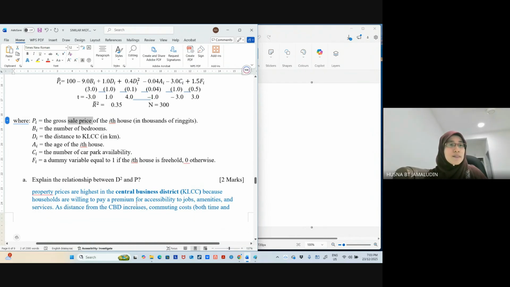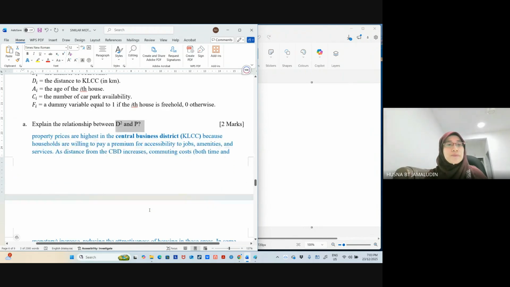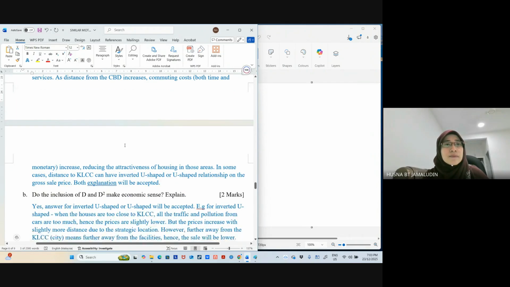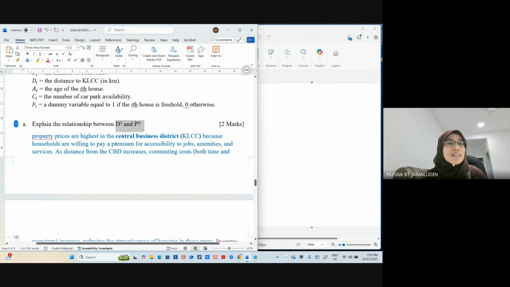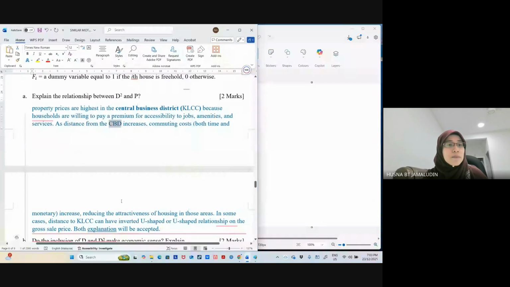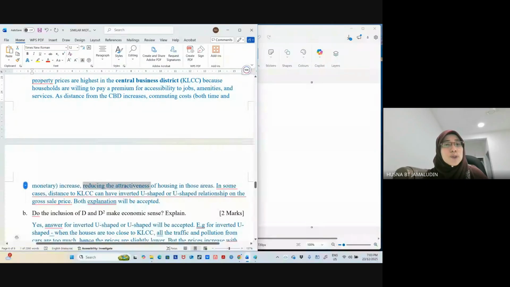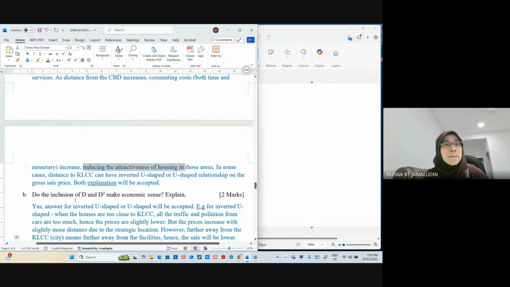You have to justify the rationale of this variable. As distance from CBD, because KLCC, right? CBD is Central Business District. This is like your city. As distance from the city increases, it will reduce the attractiveness of the house, so it will reduce the price.